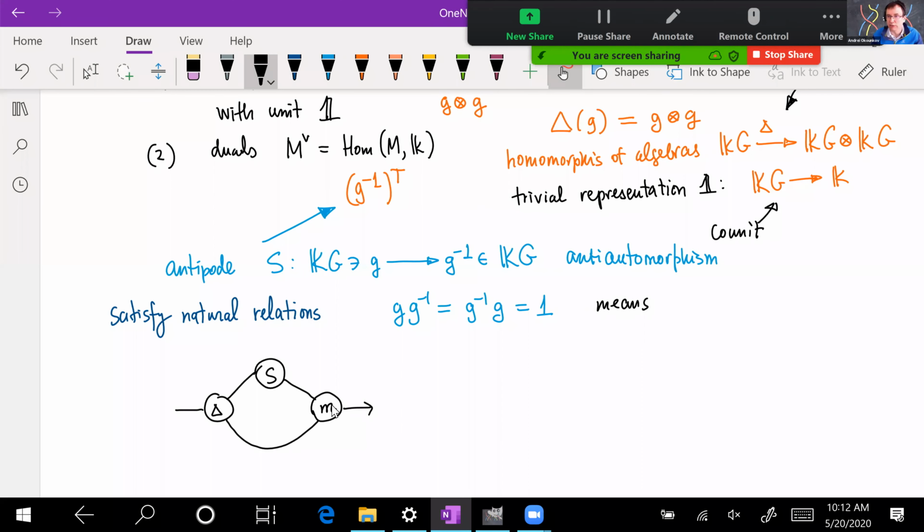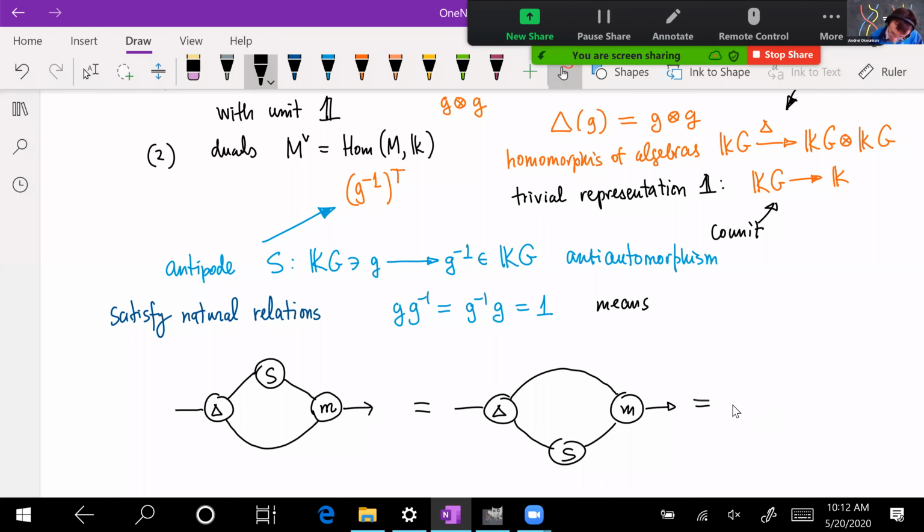So that map is equal to, you do it the opposite way. There's a coproduct, there's my antipode, there's multiplication, this sort of thing. And what does this mean?